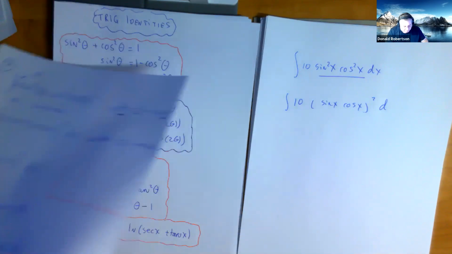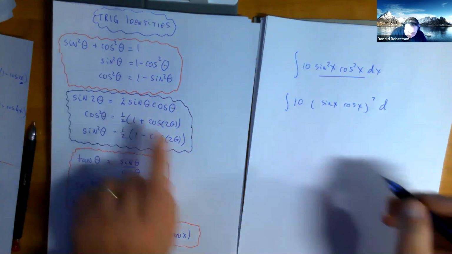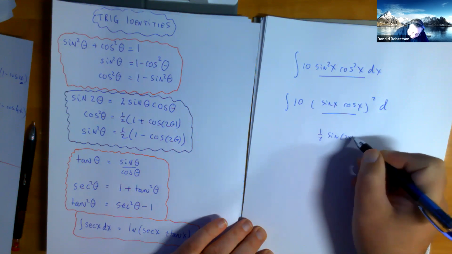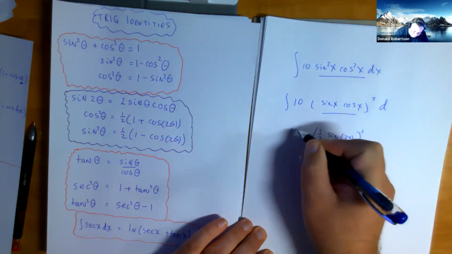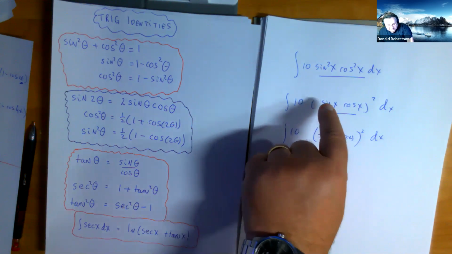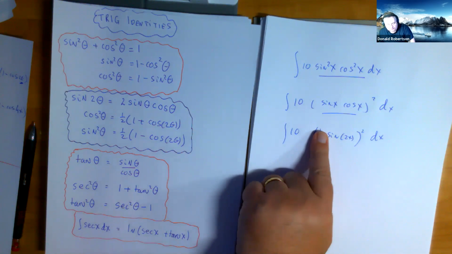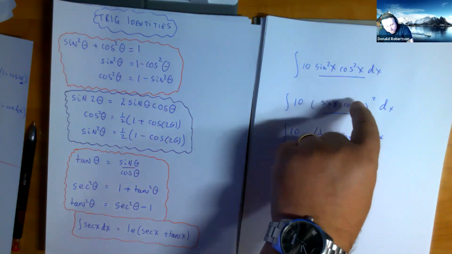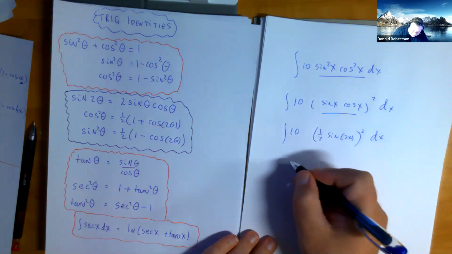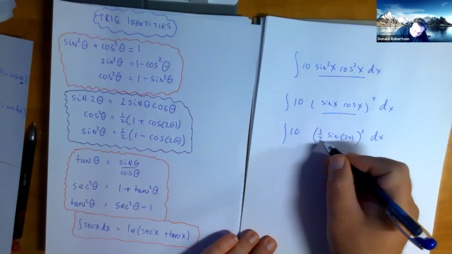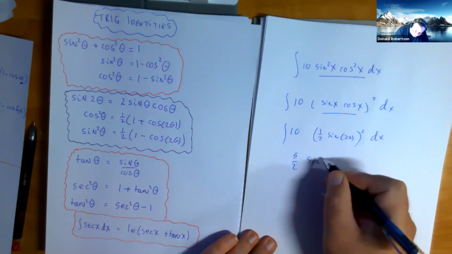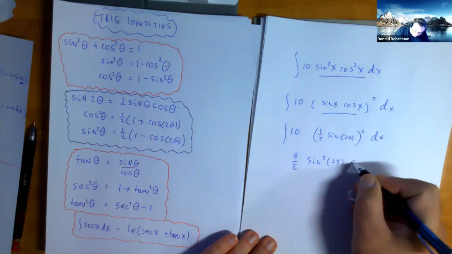Which means that when I use my identity here, won't this become a half the sine of 2x? If 2 sine x cosine x is the sine of 2x, a single sine x cosine x will be half of the sine of 2x. And that's how I would tackle that. Then when you FOIL it out, you get 10, and that's 4. 10 over 4 gets me 5 halves. And that would be the difference.